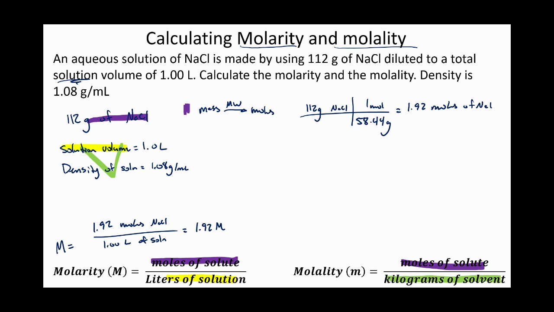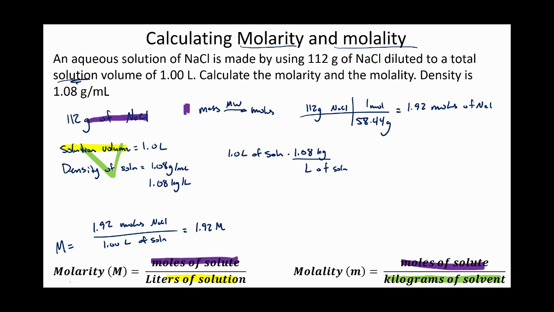Remembering that density in terms of grams per mL is equivalent to the density in terms of kilograms per liter, I can just take this solution volume of 1.0 liters of solution and multiply that by the density of 1.08 kilograms per liter of solution.